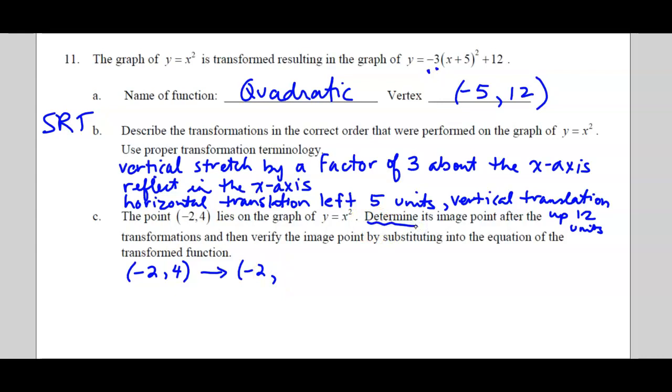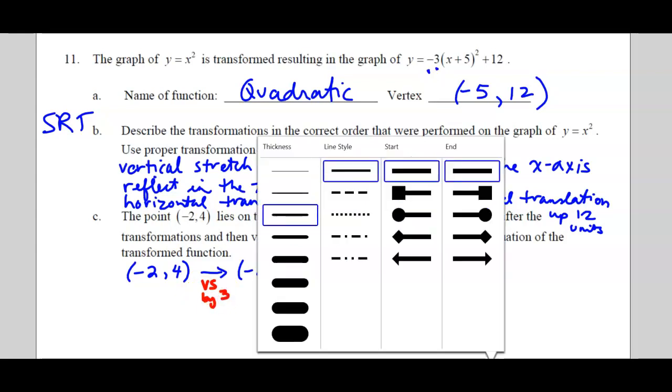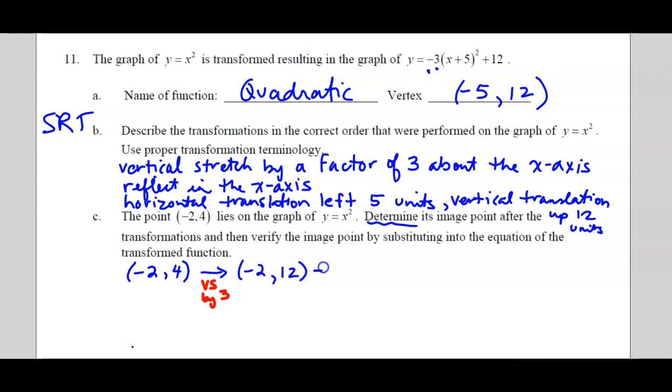So vertical stretch by a factor of 3 makes the 4 become a 12. And you could even go here, vertical stretch by 3, just an abbreviation. Reflect in the x-axis, so that's going to make it negative 12.